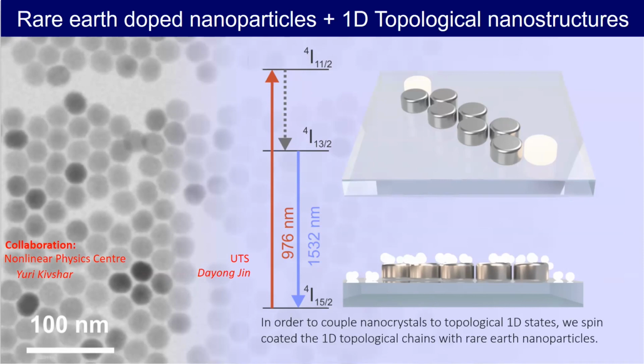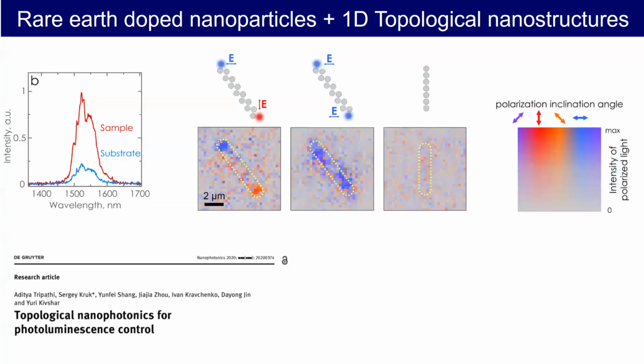Our samples were sent to UTS and they spin coated the samples with these nanoparticles, and we measured them here at ANU. What we found was that the photoluminescence from the samples coated with these nanoparticles was way higher, like 5 times higher than the photoluminescence from nanoparticles on the substrate, which indicated the presence of very strong coupling.